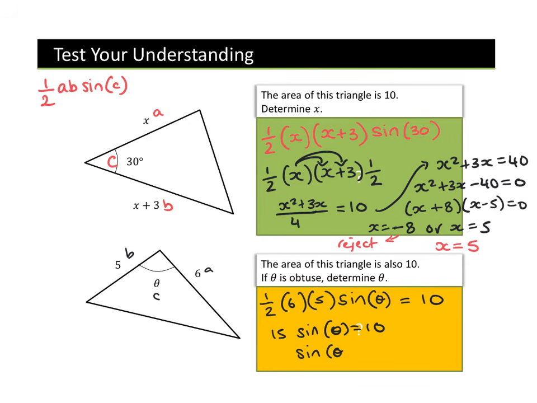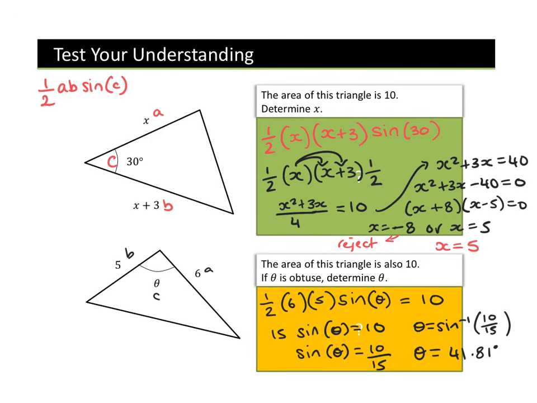So sine theta equals 10 over 15. Okay, so to find theta, I'm going to do sine to the minus 1 of 10 over 15, which is 2 over 3. Shift sine, 10 over 15. And I get theta equals 41.81 degrees.